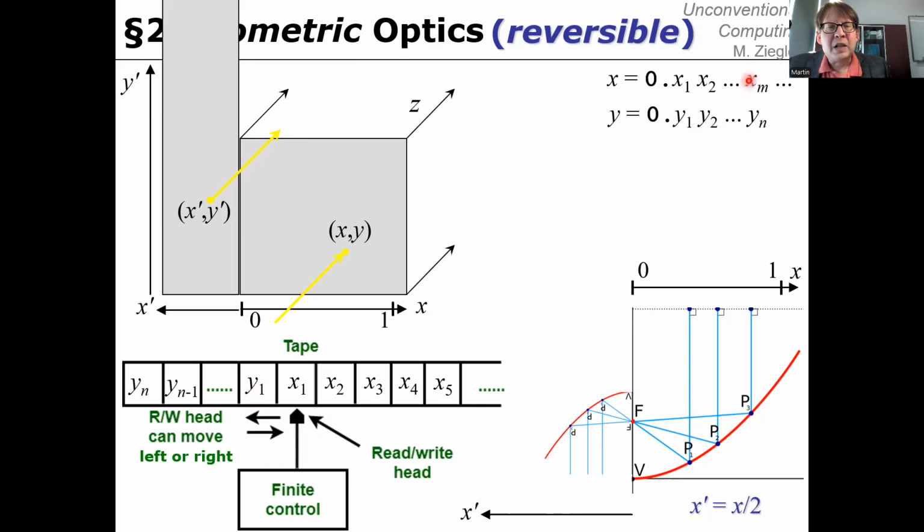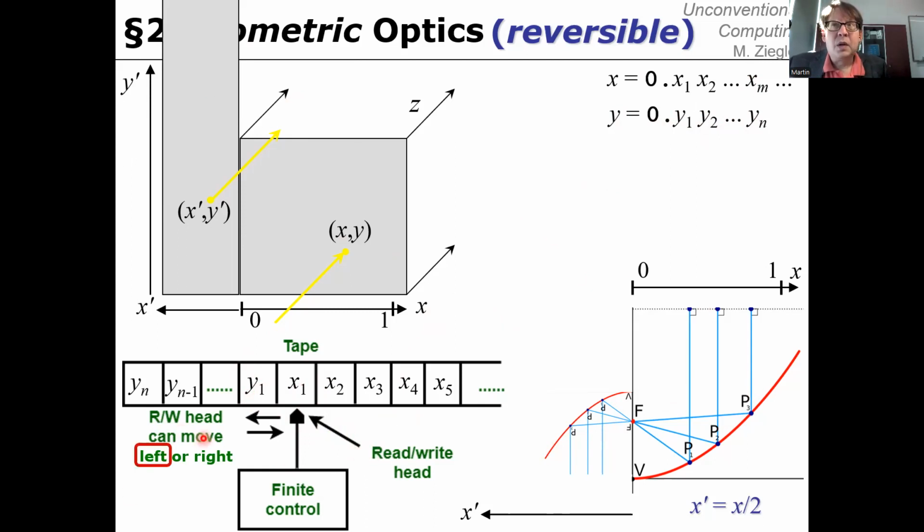And if we divide x by 2, that also means that the read-write head has moved one cell to the left. So this gate, which is realized using two such pairs of parabolic mirrors, corresponds to one move of the read-write head, one cell to the left.